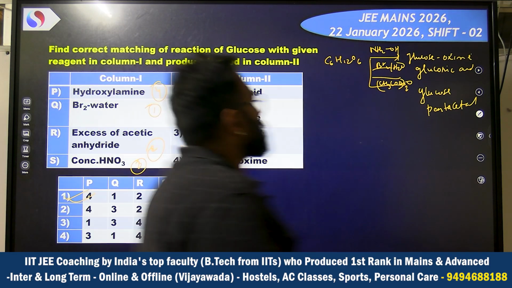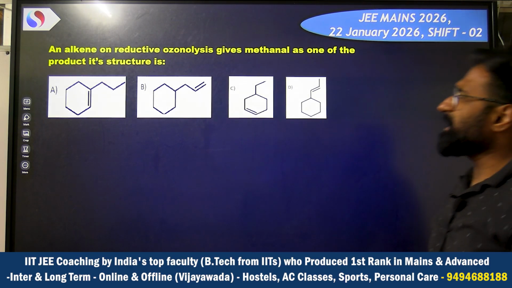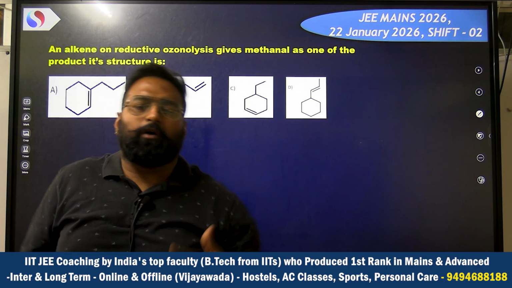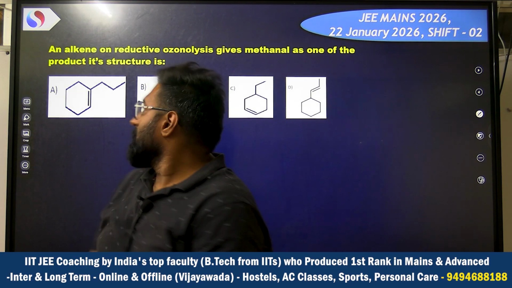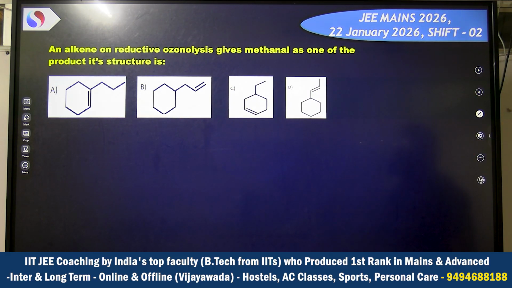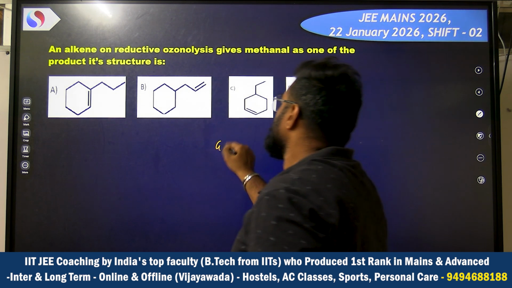Okay. Next question. This paper seems to be on the average side, however many questions we are seeing are directly from NCERT, the lines and paragraphs are from NCERT. An alkene on reductive ozonolysis gives methanol as one of the products. Simple.